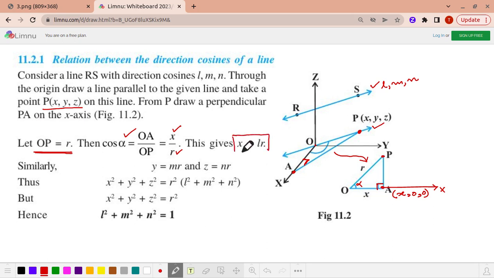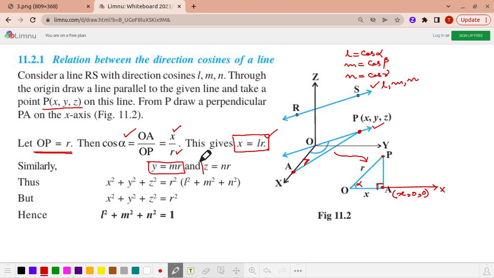We know now that L is equal to cos alpha. L, M, N are the direction cosines, so obviously L is equal to cos alpha, M is equal to cos beta, and N is equal to cos gamma. In the similar manner, as we achieved x equal to L into R, we will achieve y equal to M into R, and z equal to N into R. Correct?